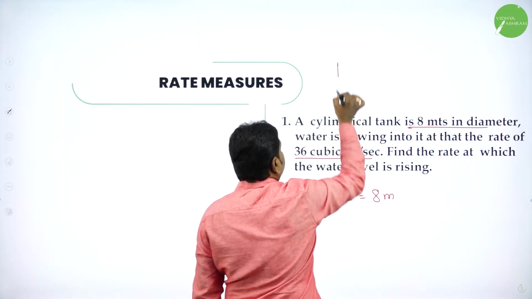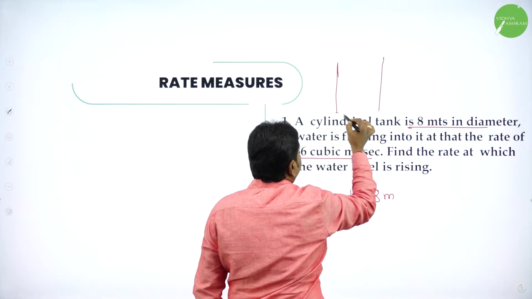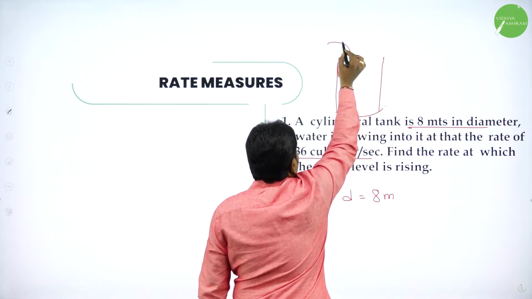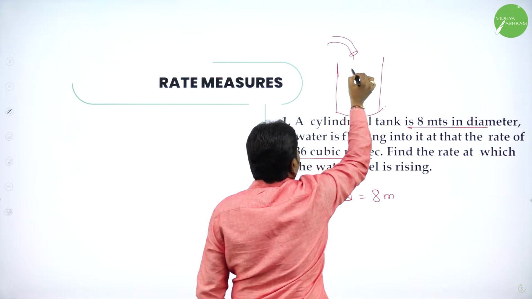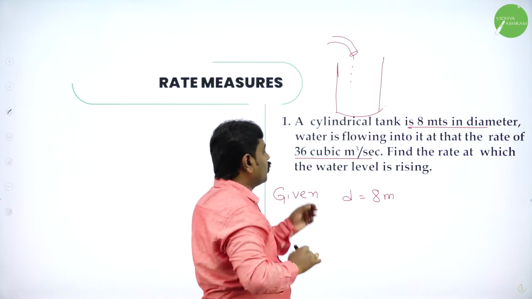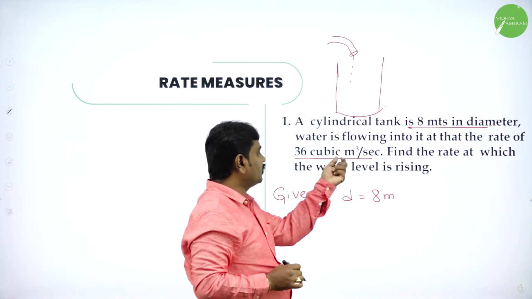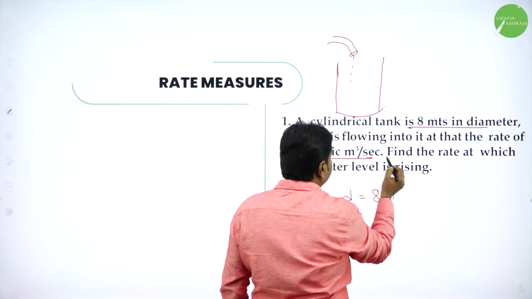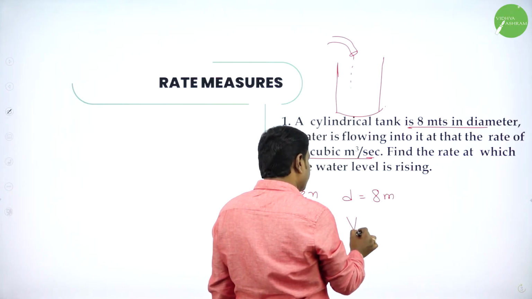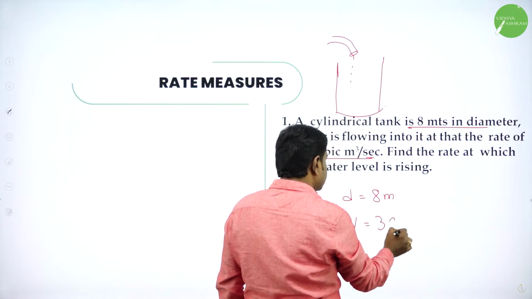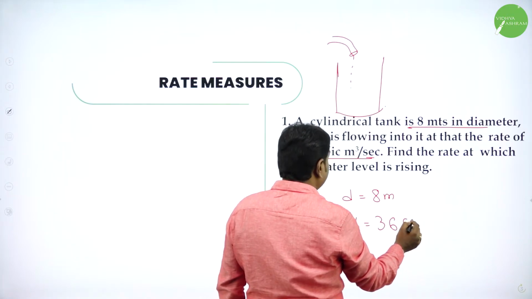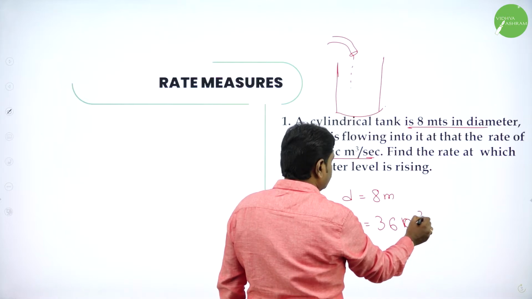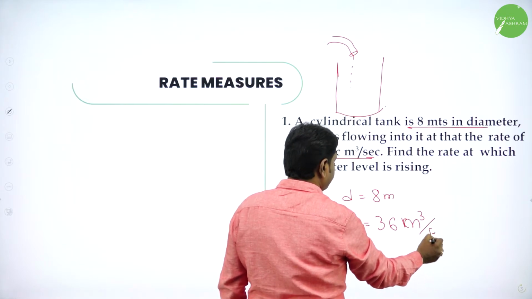So they told there is a cylindrical tank. In that tank they are pouring what? Water. When you pour water at the rate of 36 cubic meters per second, cubic meter means they are talking about volume. Volume is 36 cubic meters per second.